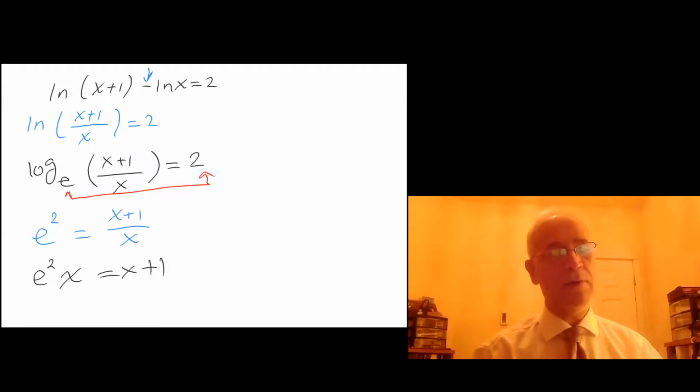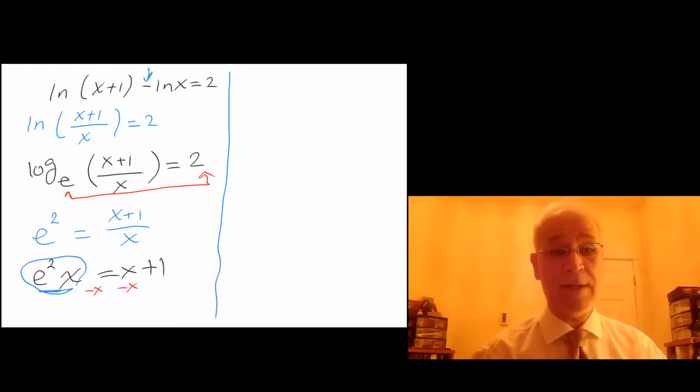I'm trying to solve for x, so I'm going to group my x's on the left-hand side, subtract x from both sides of this equation.